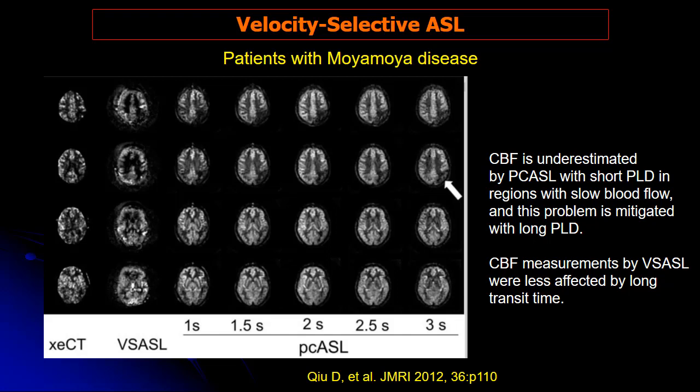And then they show that when you have long transit time delays because the patients have moyamoya disease, then the shorter labeling delays will underestimate the CBF. But you can see this effect is diminished at a much longer delay. But the velocity selective ASL seems to be less affected by the long transit time.